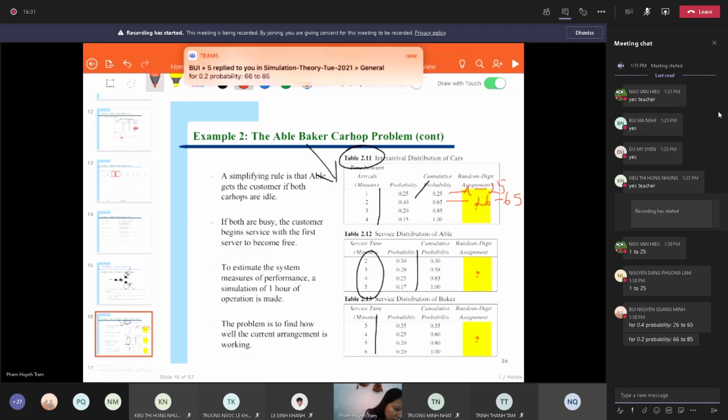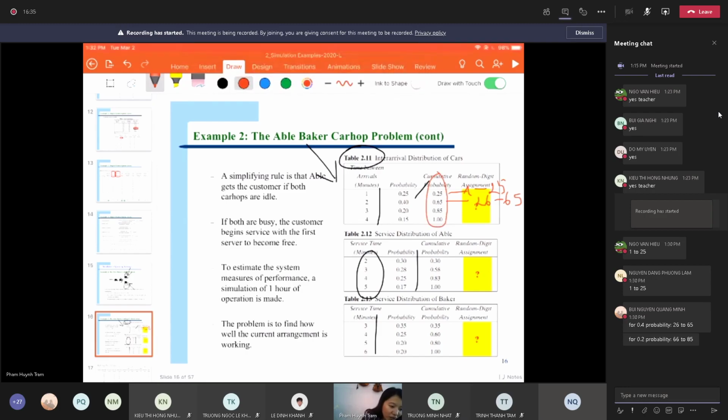You can look at the cumulative probability for the final digit of the range. So the 20% would be from 66 to 85 exactly. And the last one would be 86 to 00.